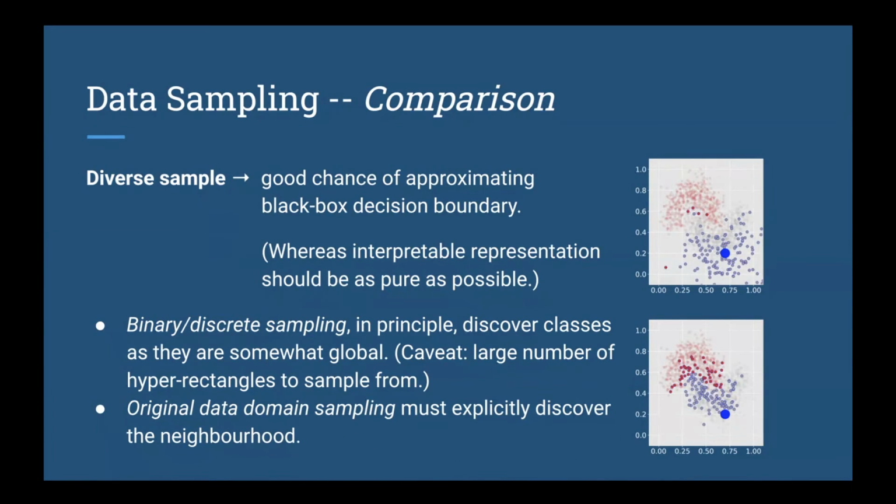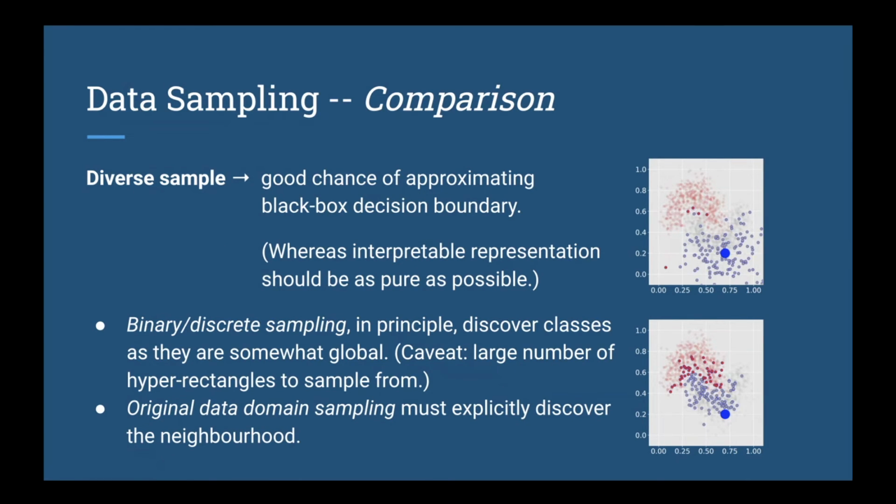Again, how do you know whether a sample is good or bad? In case of the interpretable representation, we try to make the splits as pure as possible. Here you want to go the complete opposite direction. You want to have as diverse sample as possible. You want to collect many different points from different classes.